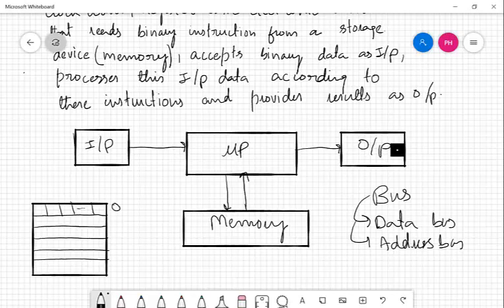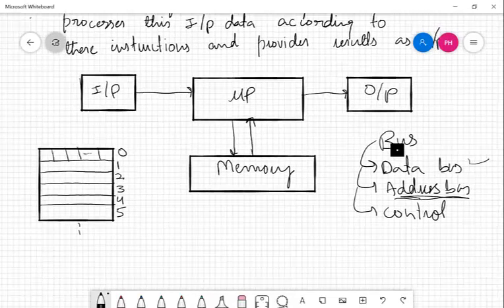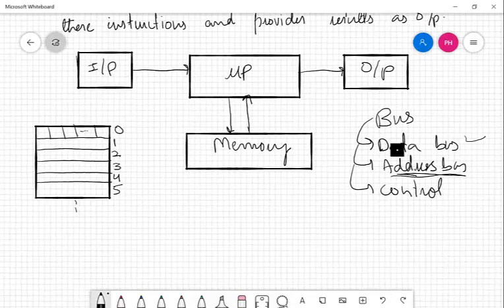So maybe this is 0, this is 1, this is 2, this is 3, memory location 3, memory location 4, memory location 5, and so on. Whenever I have to read a particular memory location, the microprocessor sends an address using the address bus, and then the data present at that memory location is sent to the microprocessor using the data bus. There is another bus known as the control bus, which is used for control signals. I may explain it later.